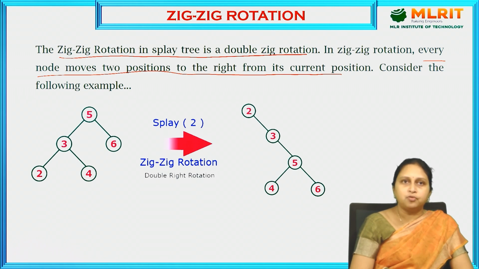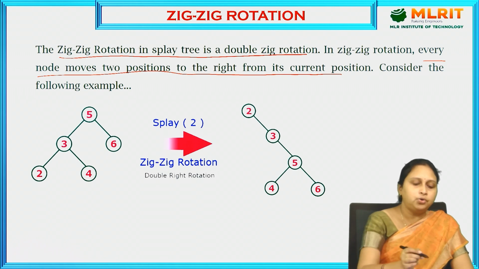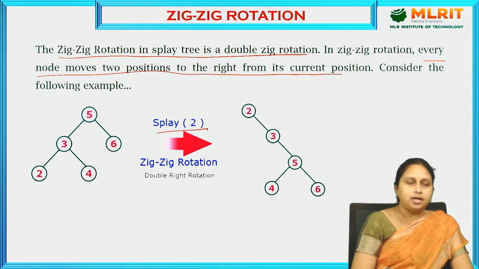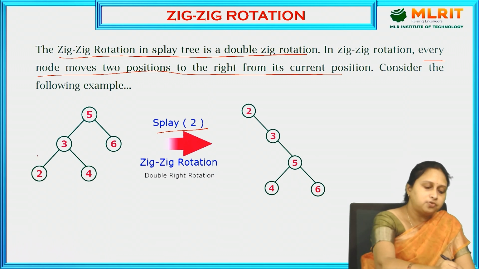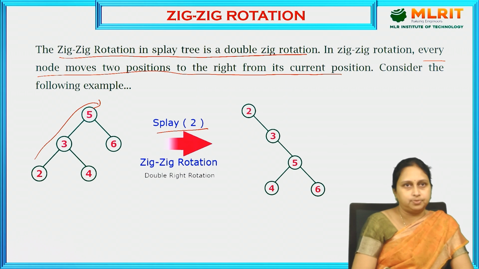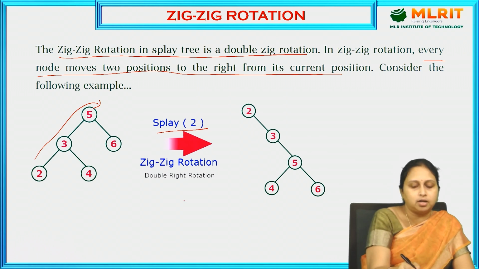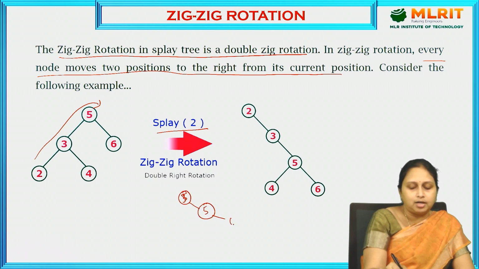Now I want to perform splaying on 2, right? Now first what happens? First it has to move one position. What is the position it is going to get? I am going to get 3 here, then 5 here, 5 right is 6, and this is my 2.